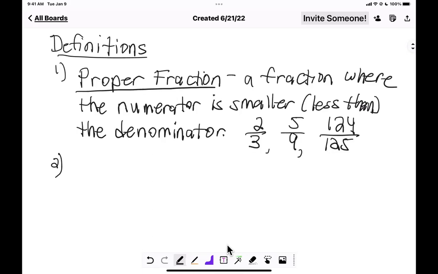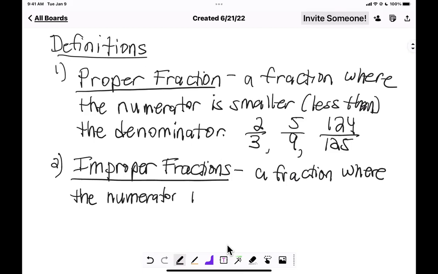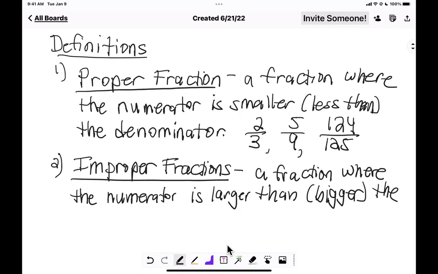So we have proper fractions. We also have improper fractions. All right, so that's like the opposite. A fraction where the numerator is larger than, I can say bigger, so I used smaller before, bigger, the denominator.